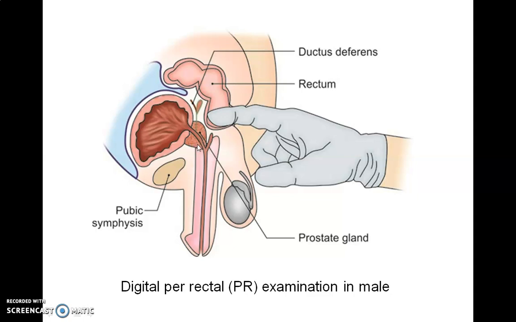Per rectal examination also lets us palpate any abnormalities within the lumen or any foreign bodies in the lumen, any rectal growth or strictures in the rectal wall, and any thrombosed piles. Also in the male, outside the rectal wall, any enlargement of prostate, seminal vesicle, bulbourethral gland will be palpated.